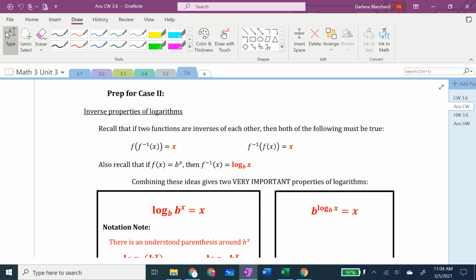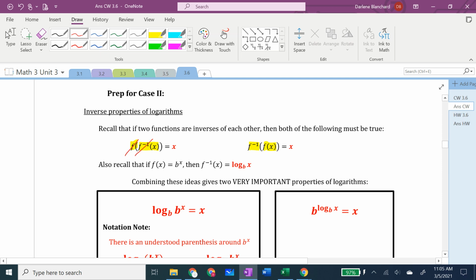If a function goes inside of its inverse, whether it's the inverse going in f or f going in the inverse, the understanding is that inverse operations back to back undo each other.